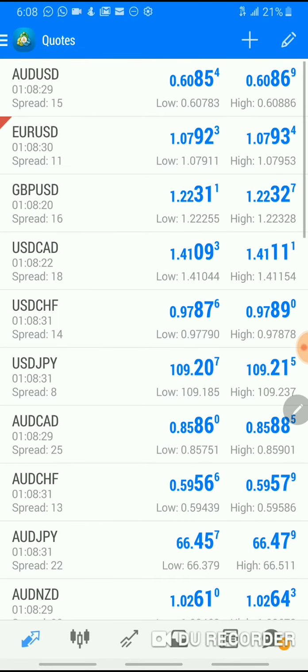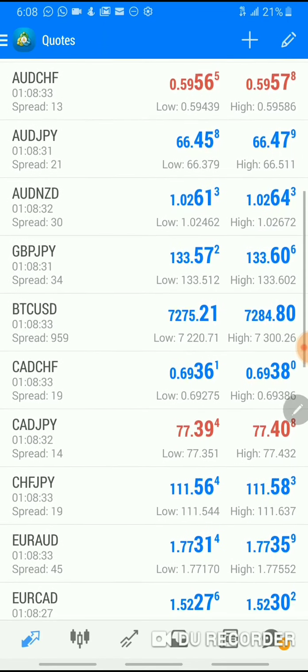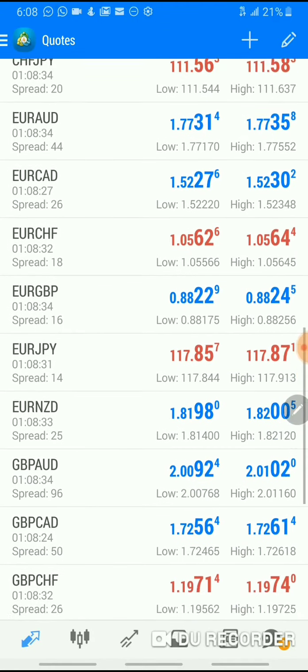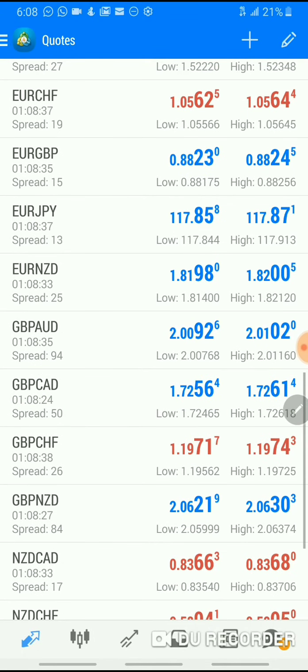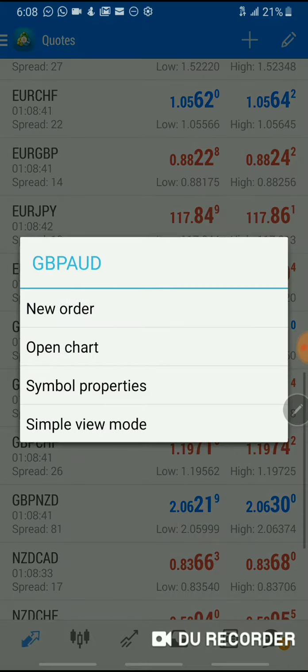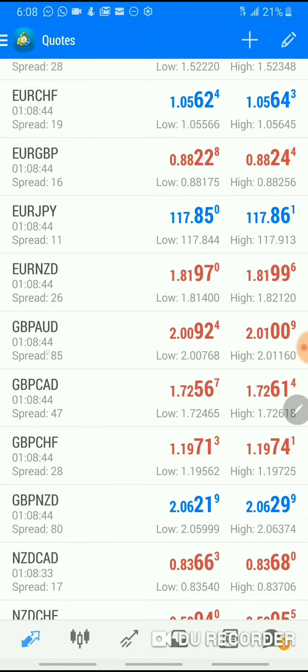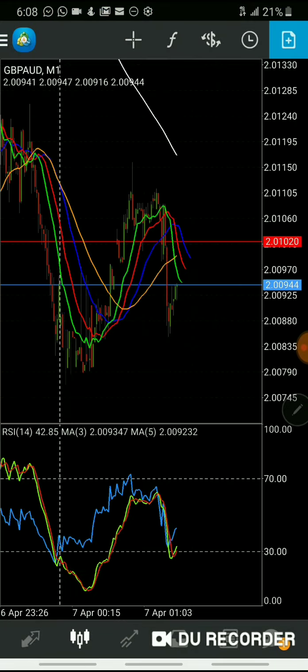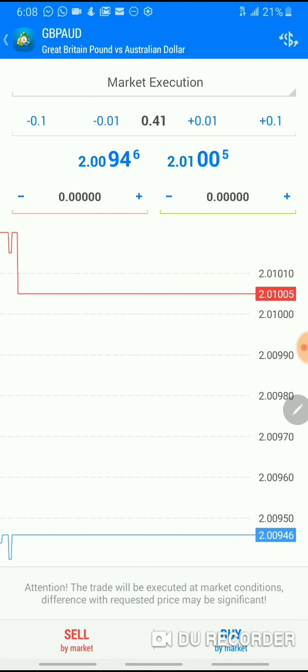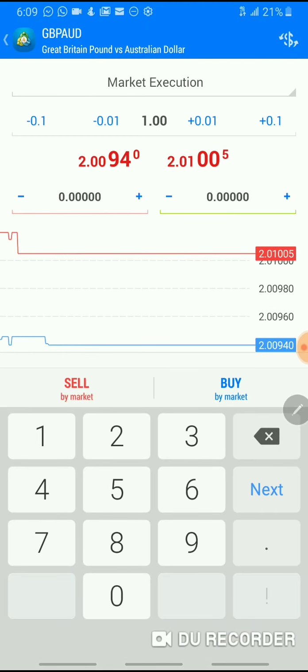Alright, so bear with me, guys. I want to show you something. So let's say the GBP AUD, I'm going to take a trade, and now you would see what the spread is, let's put it at 80, right? That will be 8 pips. So if I'm going to enter this trade for a standard lot, they are going to place me in this trade at an $8 loss automatically.